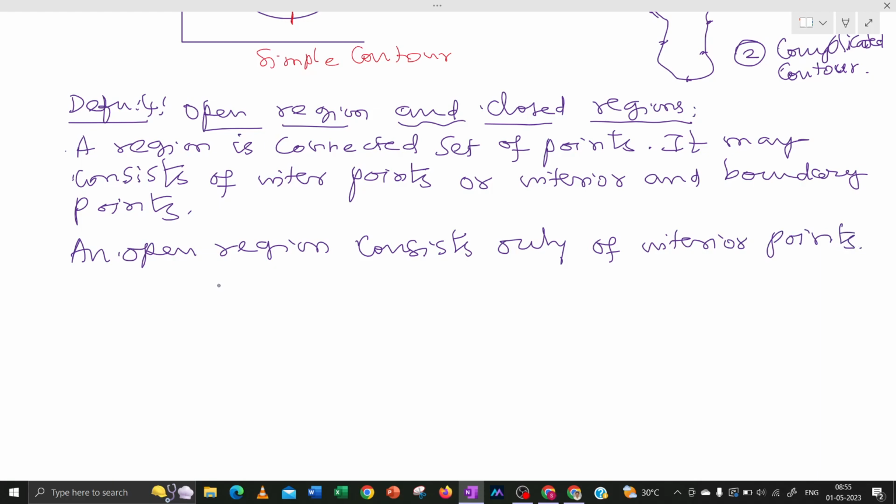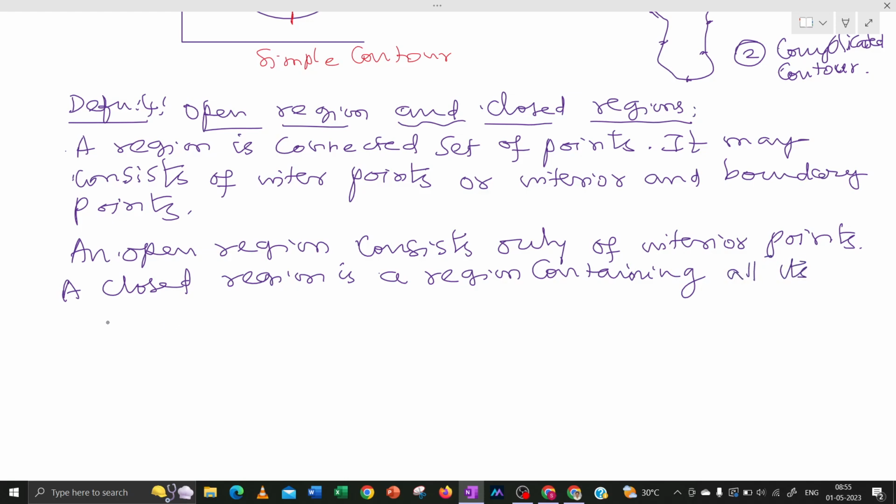But a closed region is a region containing all its boundary points and the interior points.